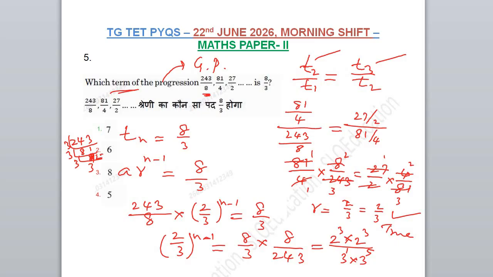Sorry, to save time I am in a hurry. So here overall 1 2 3 4 5, five 3s, that is 3 to the power of 5. This is correct. 3 to the power of 5.